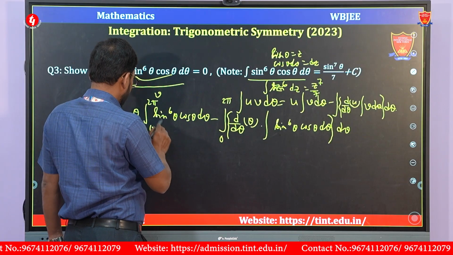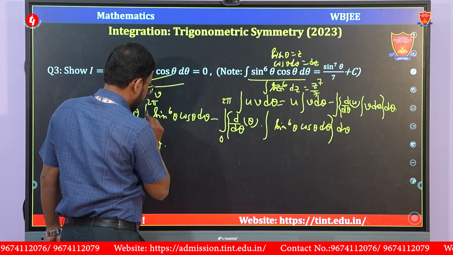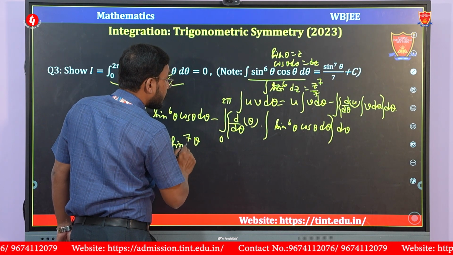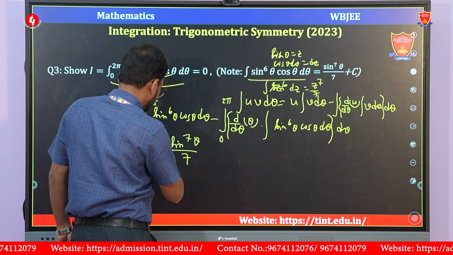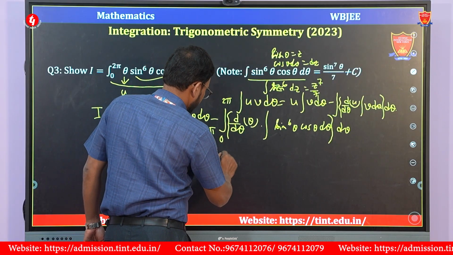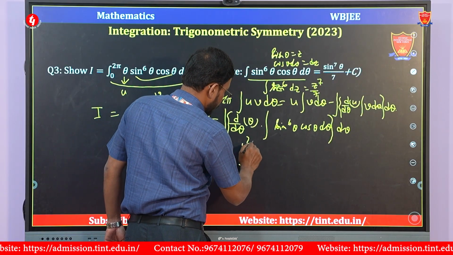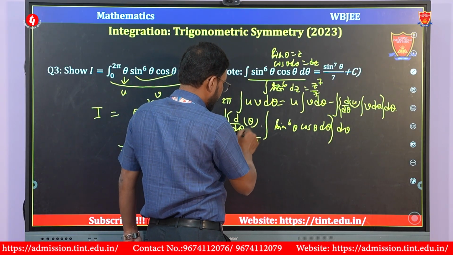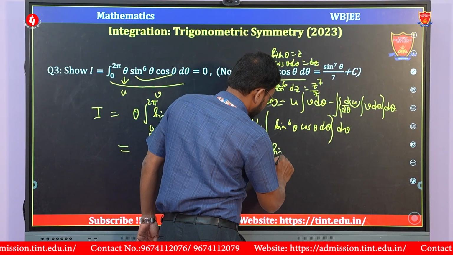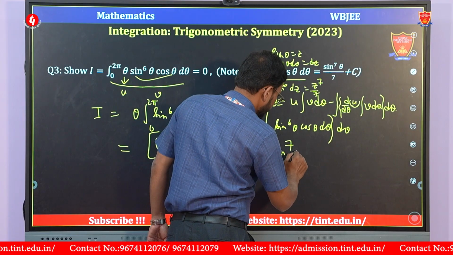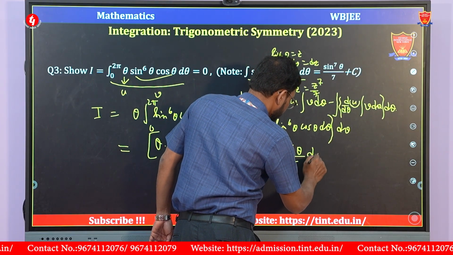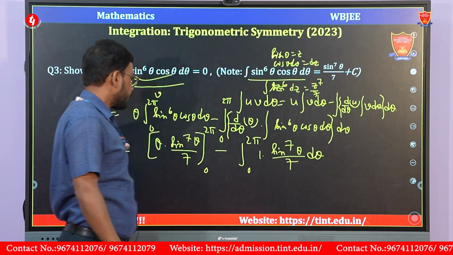So, from here this is theta times sin 7 theta by 7 from 0 to twice pi, minus the integral from 0 to twice pi, where this derivative is 1. So, this is 1 into sin 7 theta by 7 d theta, clear.